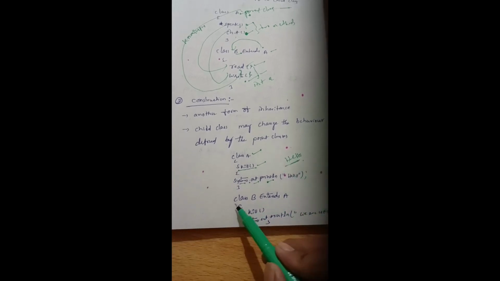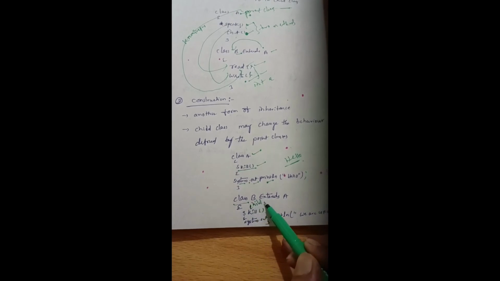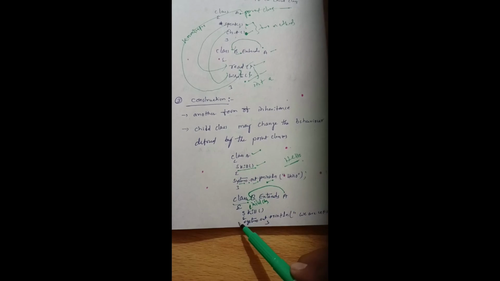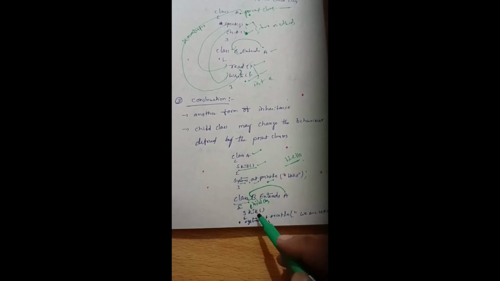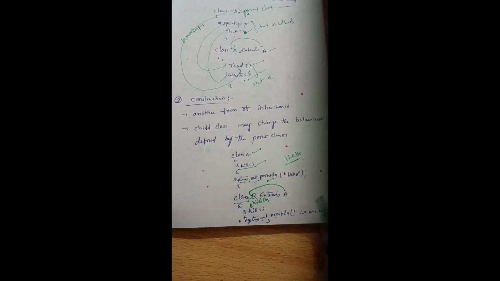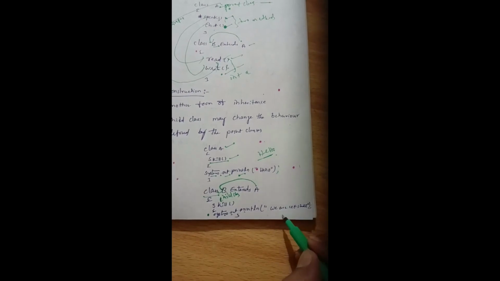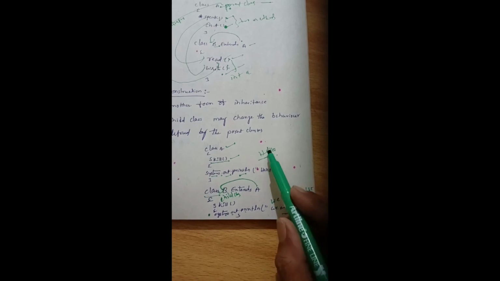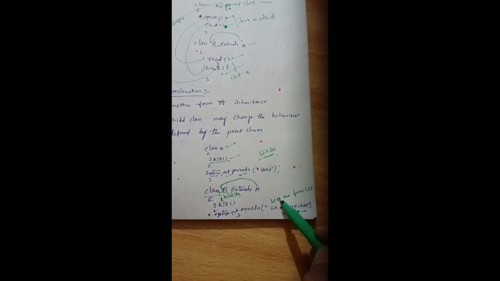Again, class B is a new class, or child class, and A is extended into B. The same method is available, but in the same method we write System.out.println with a message, "We are from CSC", or any message. The message is different and the behavior is different.